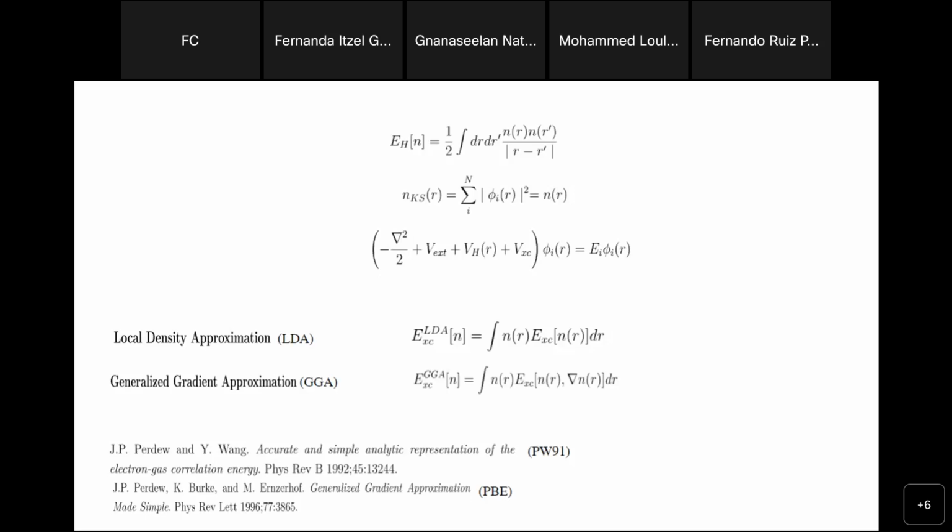The explicit form of the exchange correlation potential in the LDA approximation is given by the Perdew-Wang representation, while in the GGA approximation, the explicit form of the exchange correlation terms is given by the Perdew-Burke-Ernzerhof representation, called the PBE representation.